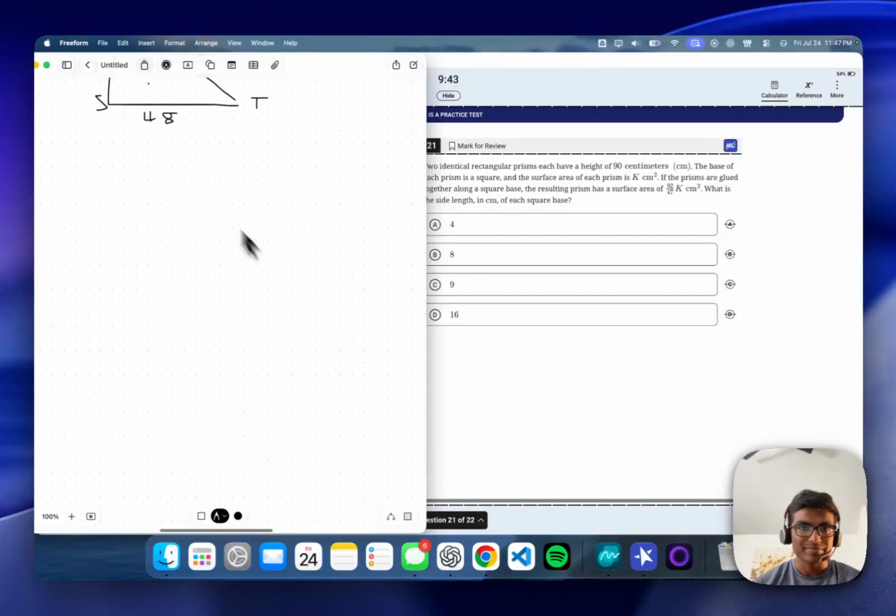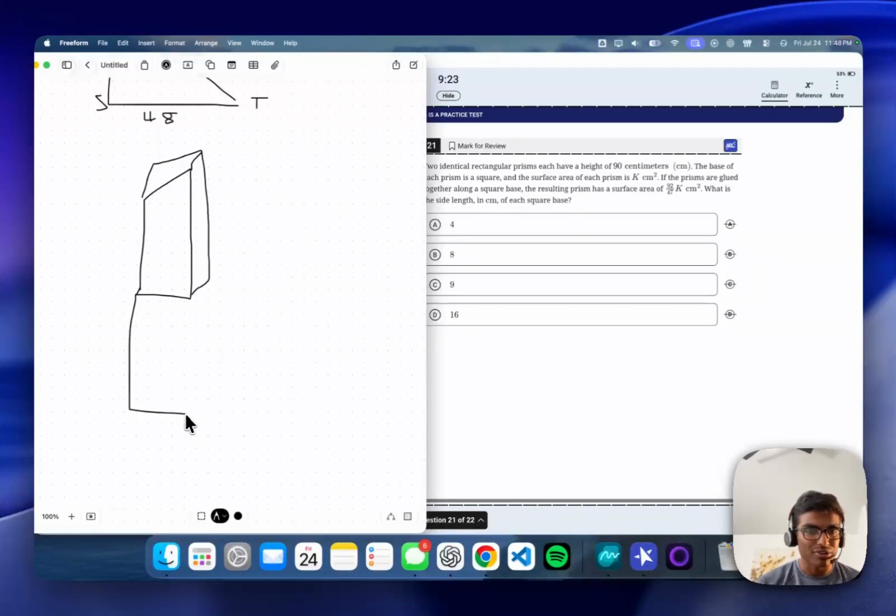So essentially, be prepared for the bad drawing, but we have a 3D looking thing, right? And the 3D looking prism, and they're glued together. So there's like two of these essentially, right?